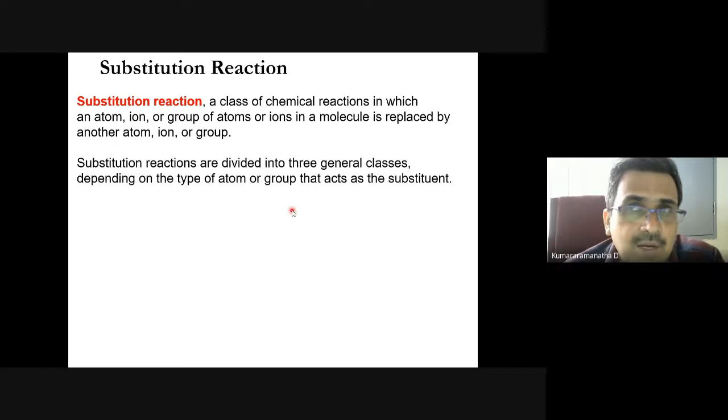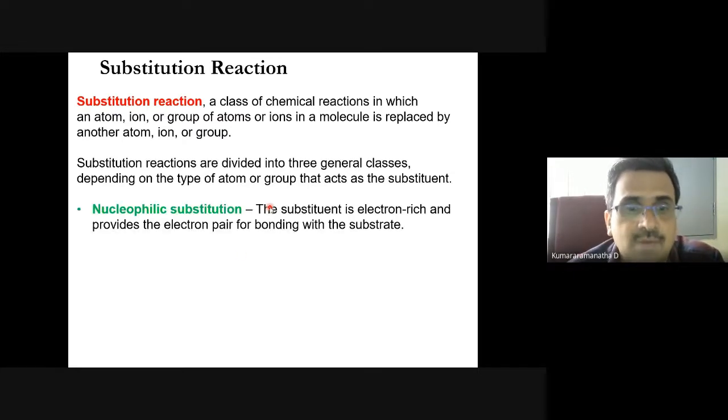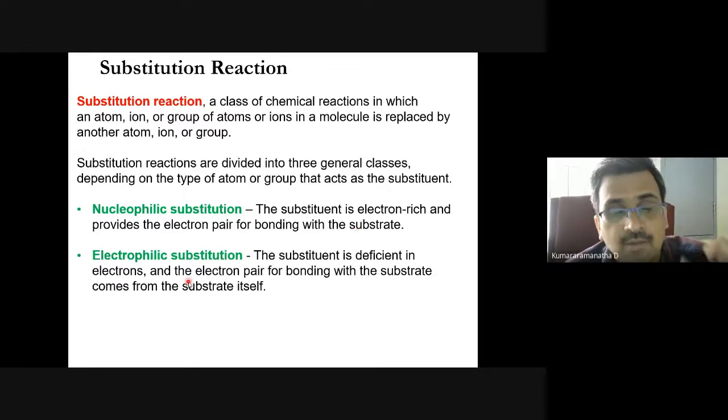So there are different classes. I am pretty sure that many of you are already aware of this, depending on the kinds of substitution, kind of atoms and groups. So one is nucleophilic substitution, where you have a nucleophile, more like a donor. In Lewis base terms, they are electron rich and they provide an electron pair for bonding with the substrate. Substrate means organic molecules. We can also have electrophilic substitution.